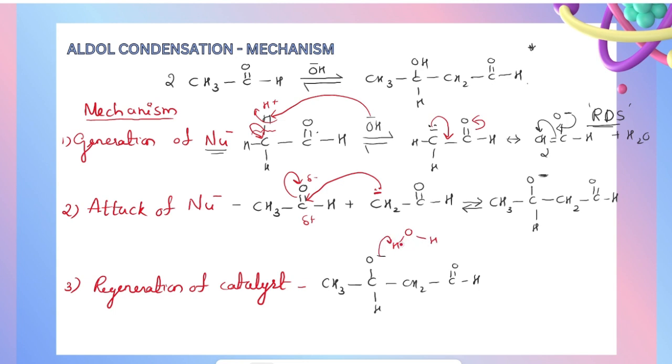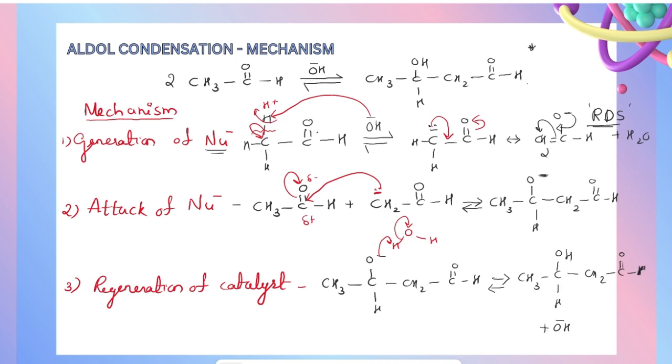Oxygen takes the hydrogen, hydrogen gives the electron to oxygen. So that means you are going to get your alcohol like this: OH and the H as it is, and then CH2CHO. What is happening to this one? It's becoming OH minus. So you have regenerated the catalyst.